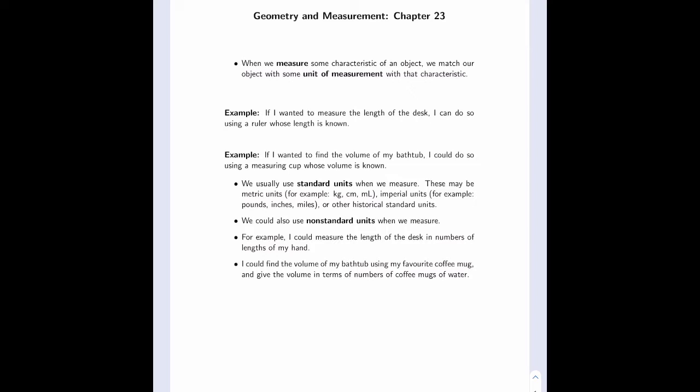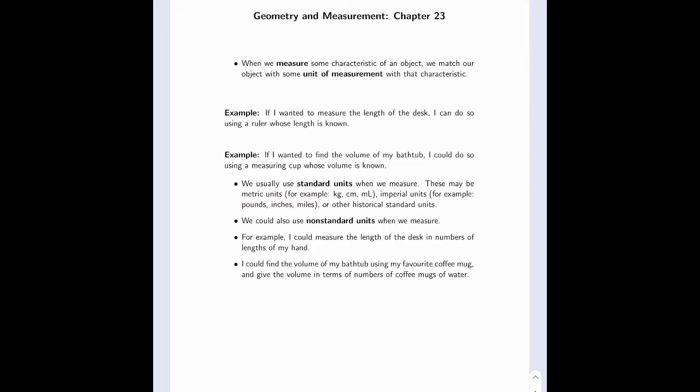Whether I say that something is 12 feet long, I'm matching that with the known idea of the unit of something being a foot long, because we have a kind of a communal grasp of what that means.